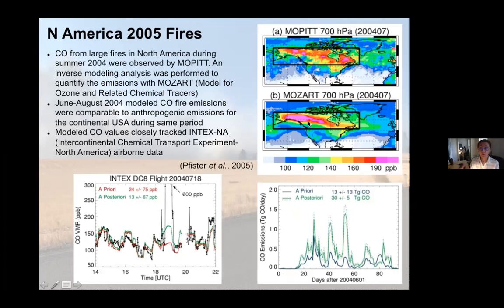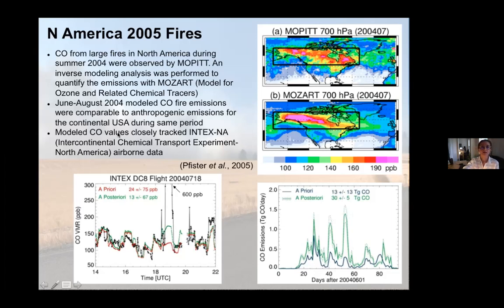She was able to measure the amount of emissions produced in these fires. Here you have results of that comparison in the lower right, and you can see that the model, after ingesting the MOPITT data, detected these large amounts of CO, large plumes.